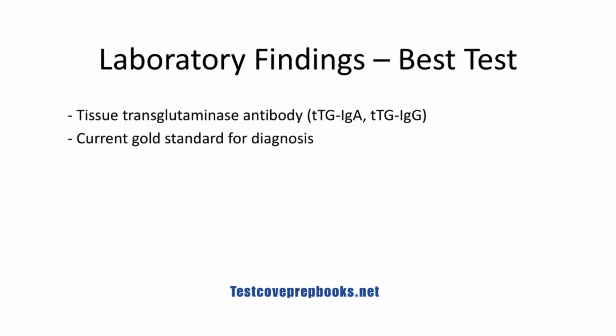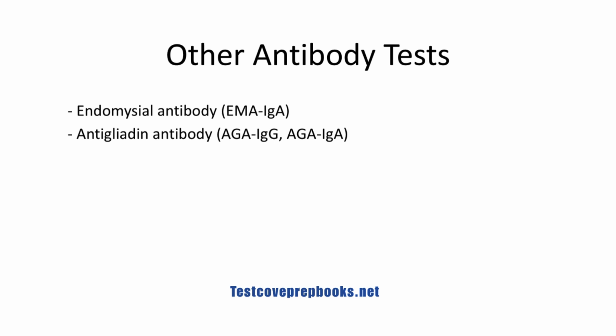From a laboratory perspective, the tissue transglutaminase antibody test, also known as TTG, is considered the best and most reliable screening test. Both TTG-IgA and TTG-IgG are used. Other antibody tests include the endomysial antibody test, or EMA-IgA, and the anti-gliadin antibody tests, which can be either IgG or IgA.